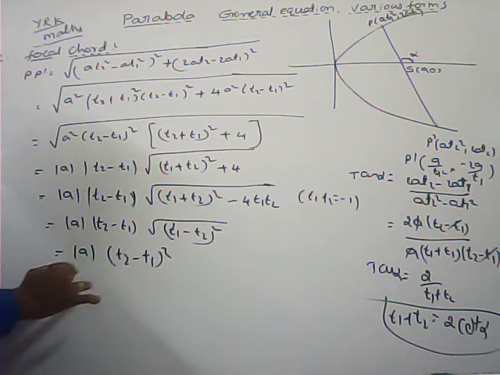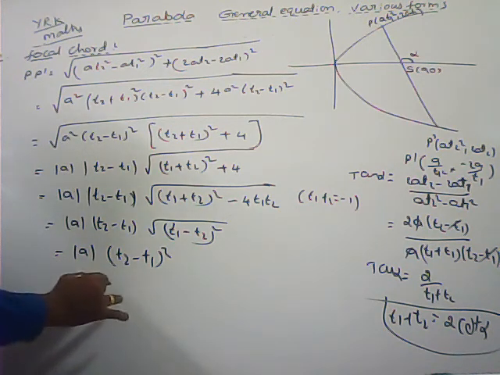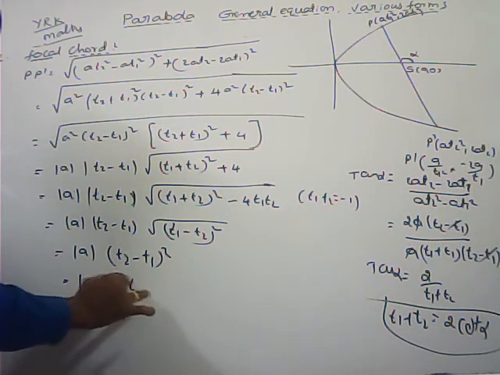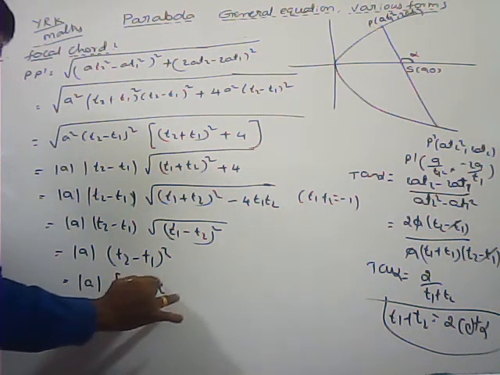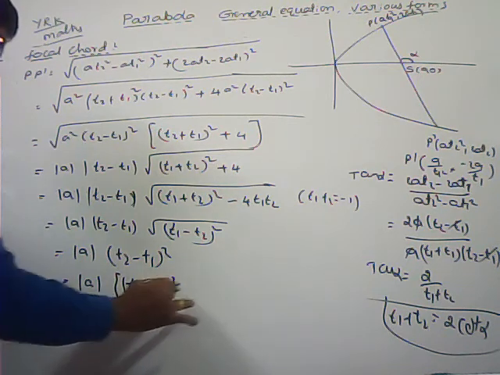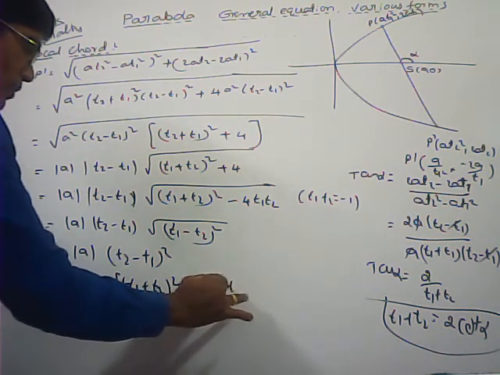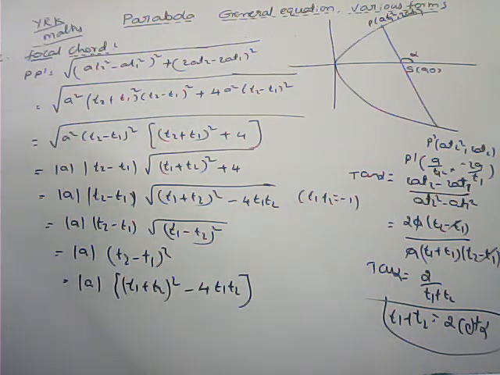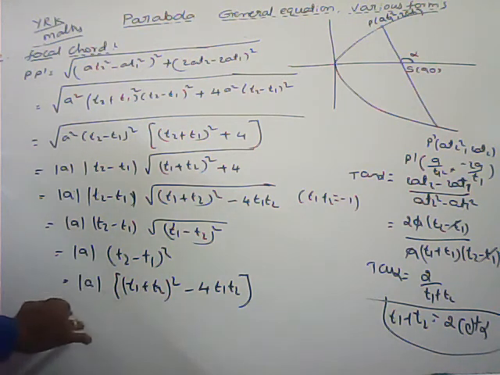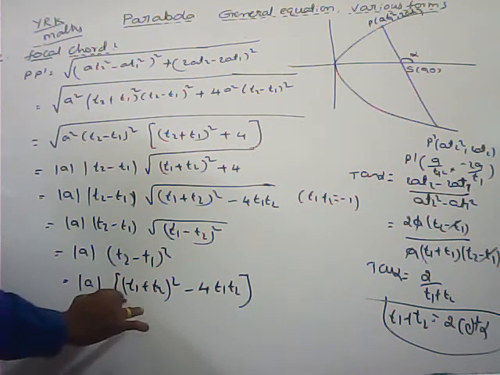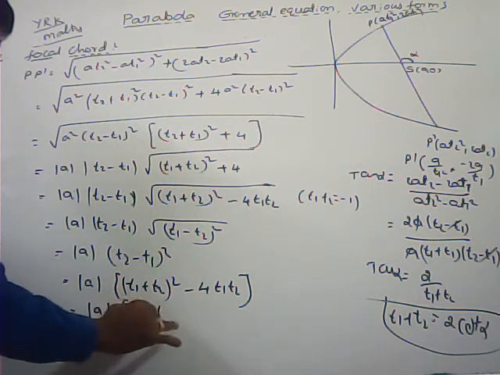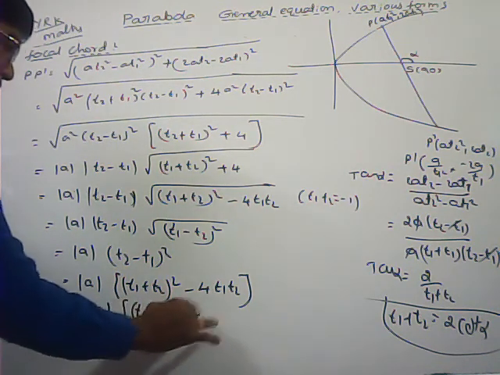So this one I can write (t1 plus t2) whole square, (a plus b) whole square minus 4ab, we can write. That is equal to modulus of a, (t1 plus t2) whole square plus 4.